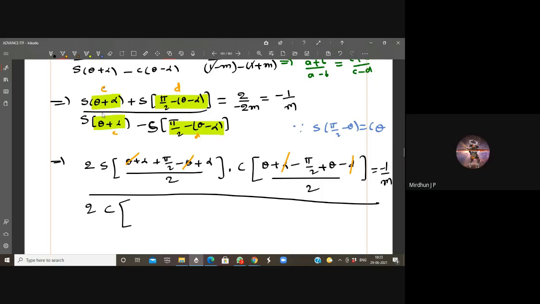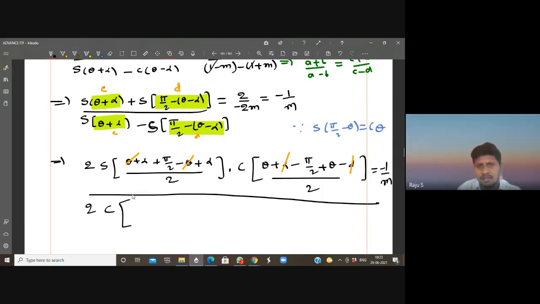That is the next step. Same value I am going to write here also, because it is also C plus D by 2. So what is the remaining value? Pi by 2 plus 2 alpha, whole divided by 2, sine; same here, pi by 2 plus 2 theta.